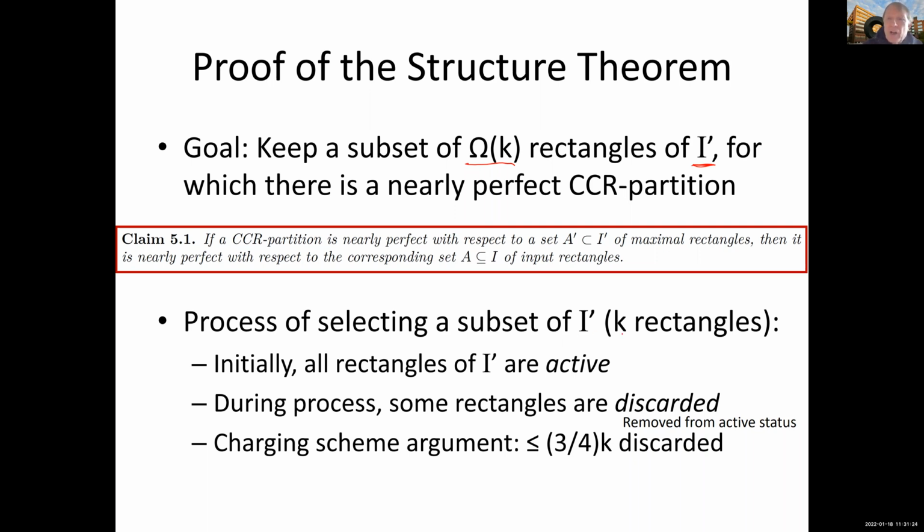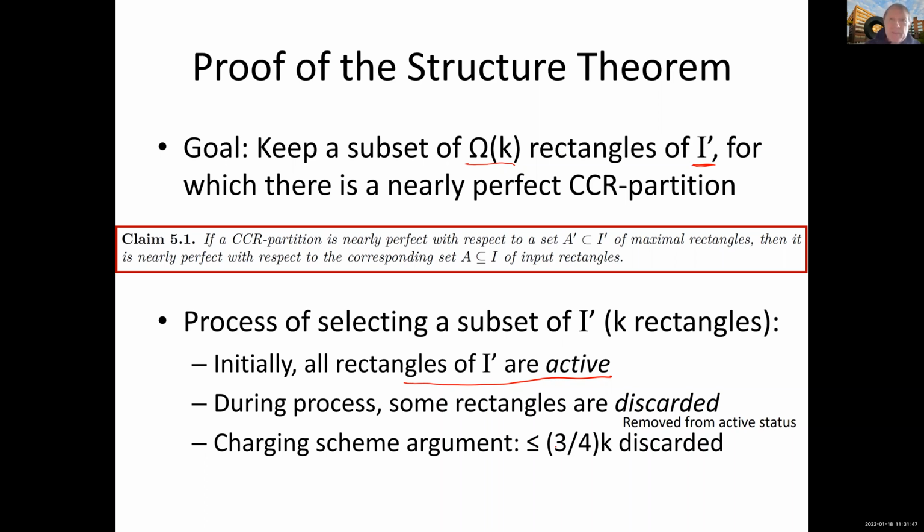So we start with all of the rectangles as being active. And then during the proof process, some of the rectangles are going to be discarded and removed from active status because they're crossed by, say, a vertical cut line.